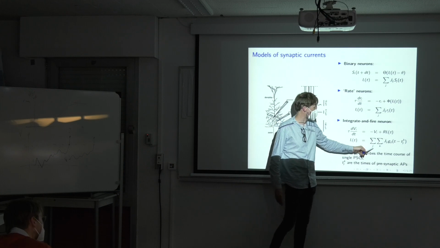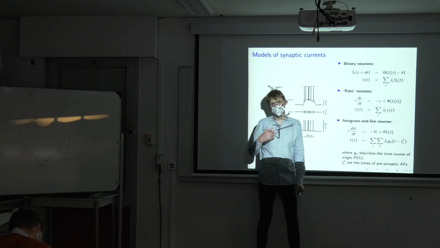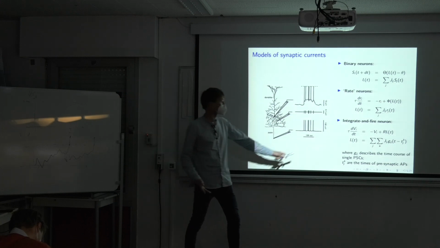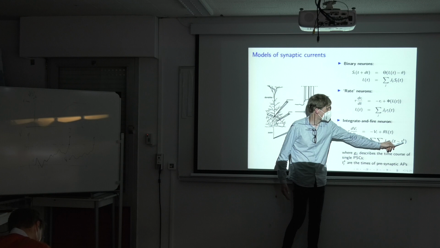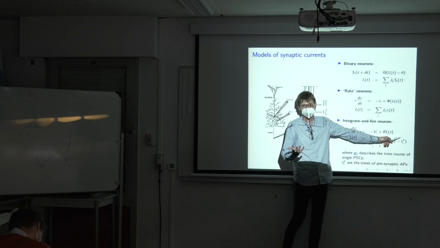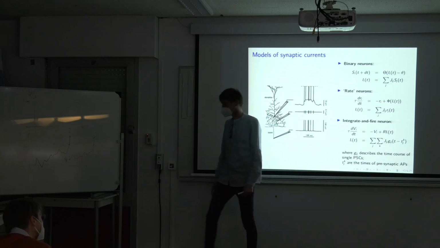Now you have a double sum: a sum over the presynaptic neurons, Jij, and then an additional sum over the spikes of the presynaptic neurons, a sum over k. So t_j^k here is the kth action potential of neuron j.